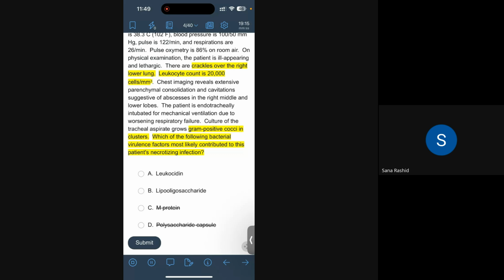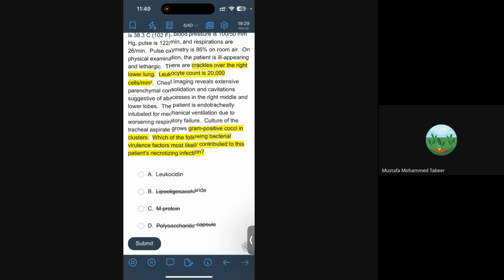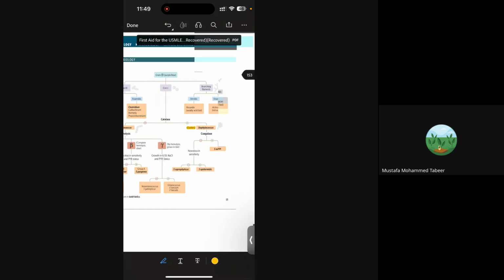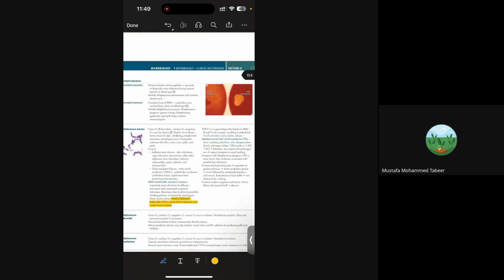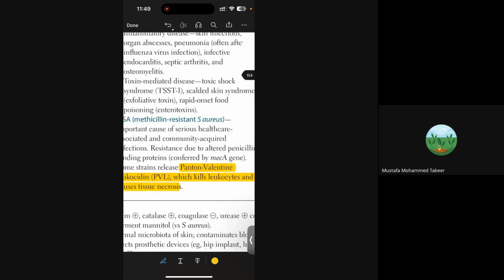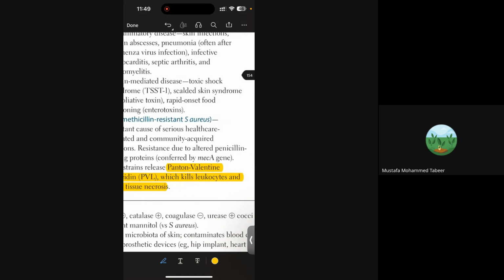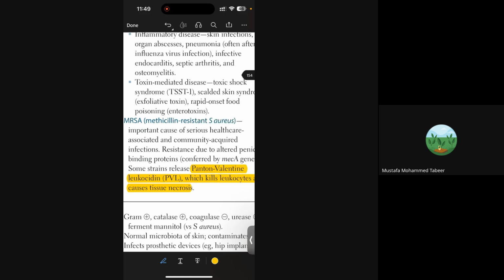Lipo-oligosaccharide is the name for endotoxin, and endotoxins are seen in which bacteria? In gram negative. So the only answer left is leukocidin. Let's see in Staph aureus: Panton-Valentine leukocidin, which kills leukocytes and causes tissue necrosis.